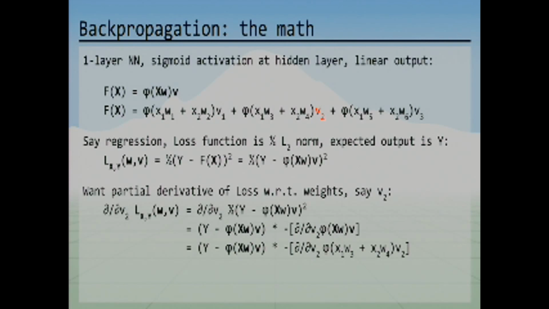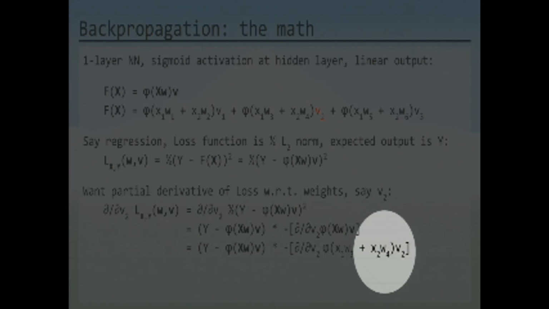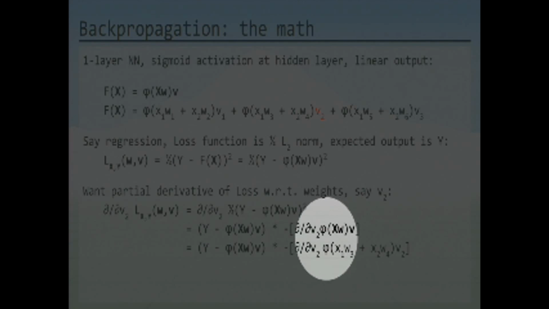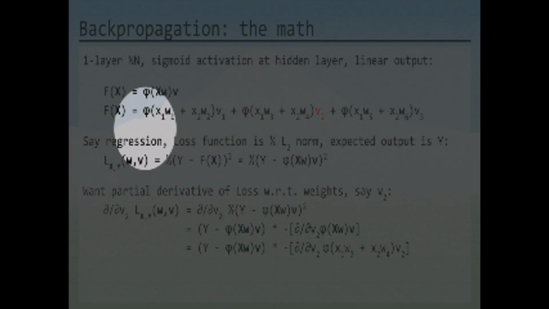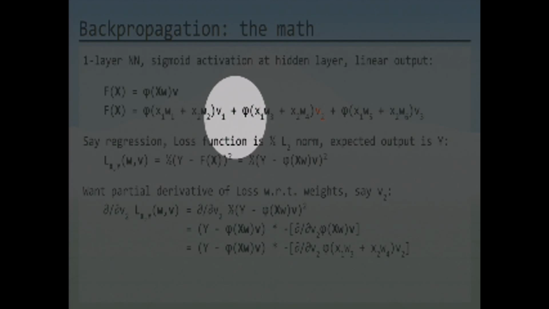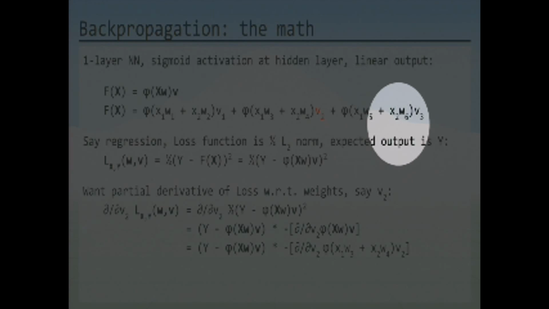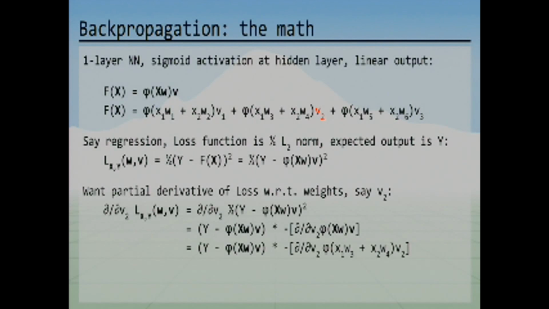When we expand out what this prediction is, we can see up here it's h1 times v1, where h1 is phi applied to x1 w1 plus x2 w2. This term is h2, so we do h2 times v2. And this term is h3, so we do h3 times v3.